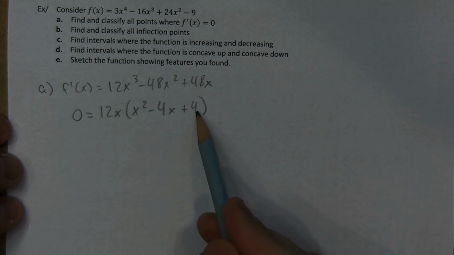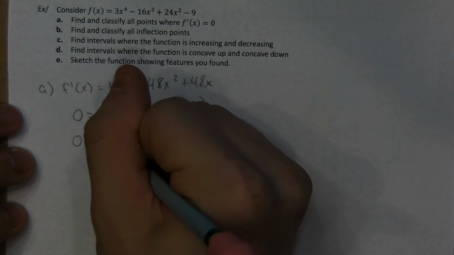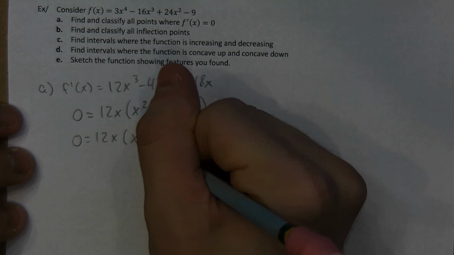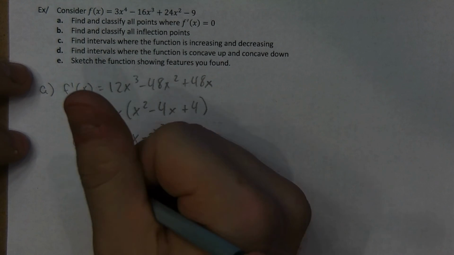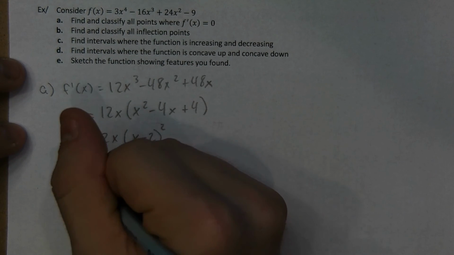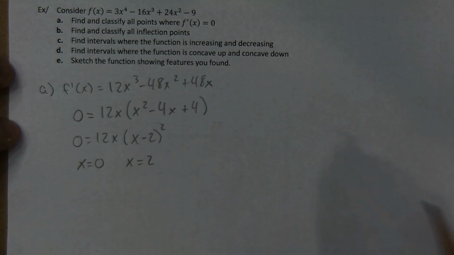And the two numbers that multiply to be positive 4 and add to negative 4 are negative 2 and negative 2. So we have two stationary points, two critical values from the first derivative, one when x equals 0 and the other when x equals 2.